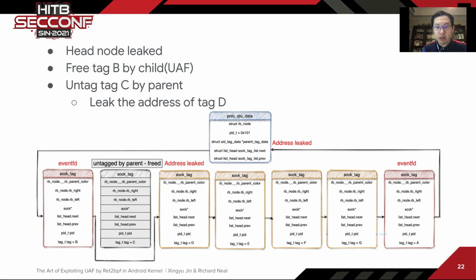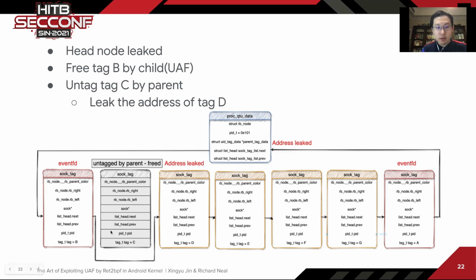Here is the way I figured out. First of all, untag the socket tag B from a child process, so you get a use-after-free. The next step is to spray the eventfd to occupy the freed socket tag structure. Then free the next socket tag structure C, and because of the unlink primitive, the address of socket tag structure D gets leaked.